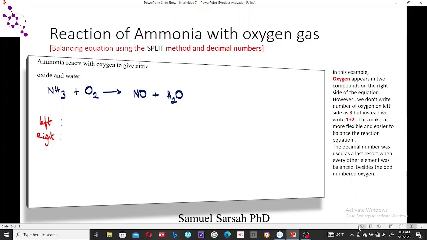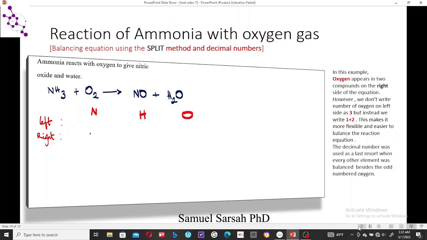This is the reaction between ammonia and oxygen to form nitric oxide and water. So let's see if this is balanced by writing down the elements and counting them. So the elements that we have here are nitrogen, hydrogen, then we have oxygen.